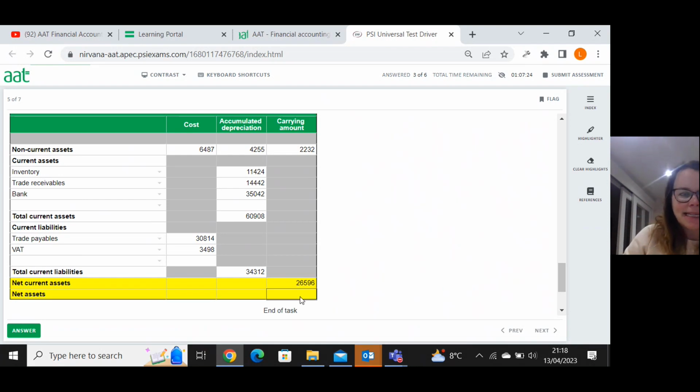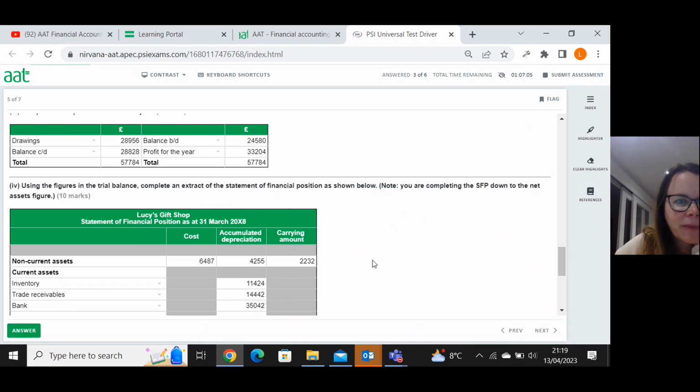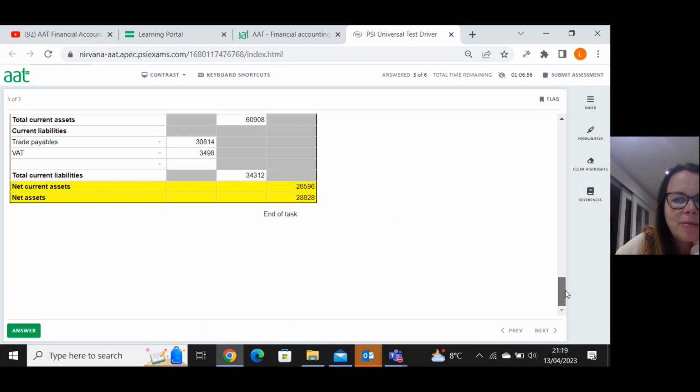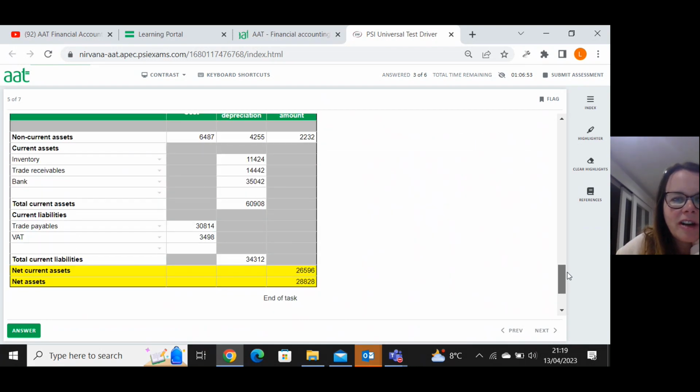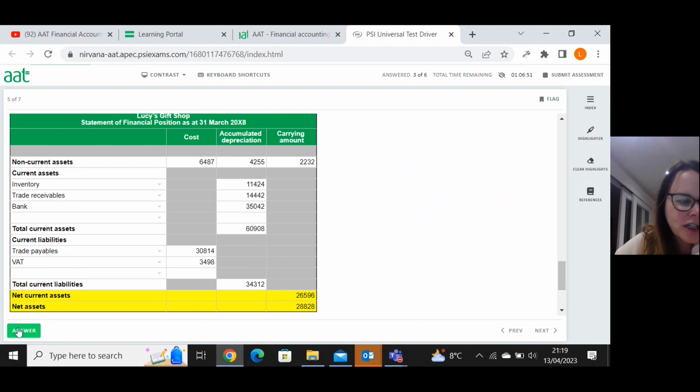And then my net assets will be my net current assets that I just calculated, added to my non-current assets. And that gives me a total figure of 28828. Now, beautiful. That agrees to the capital account that I completed previously. So I'm confident that I have done that question correctly.